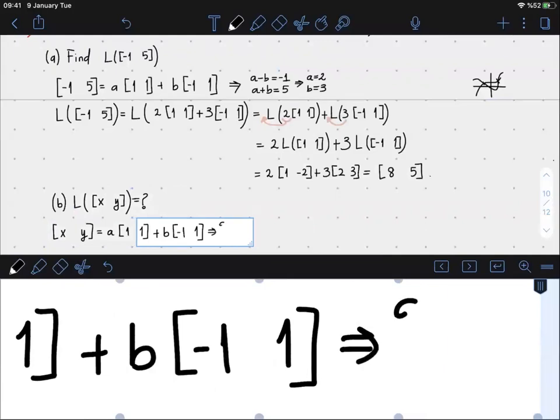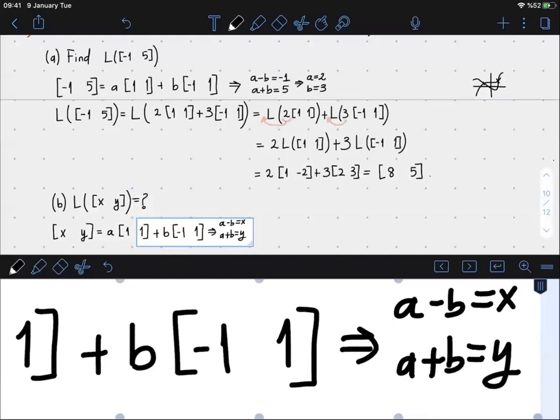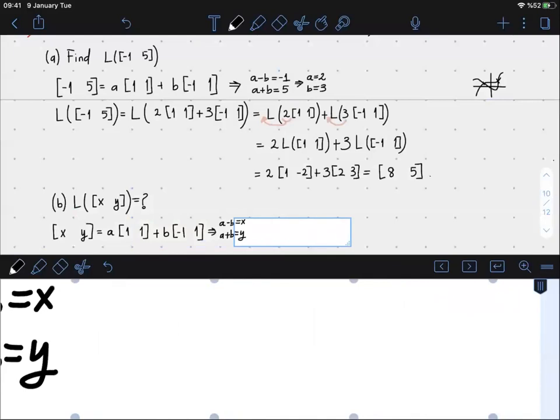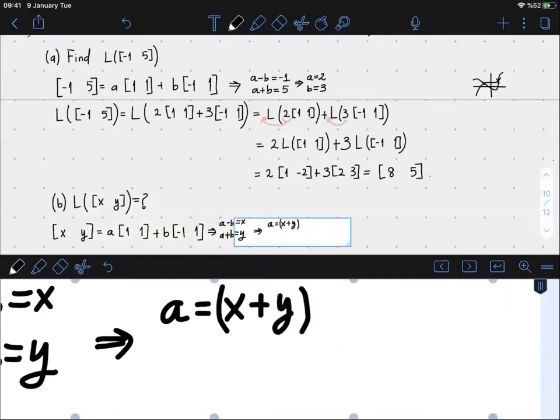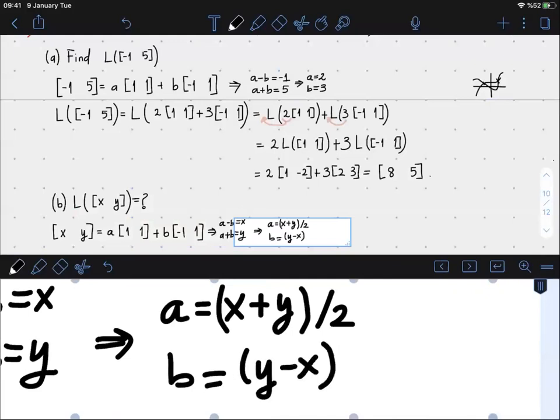This time a - b is x and a + b is y. This means a is (x + y) over 2 and b is (y - x) over 2, right?